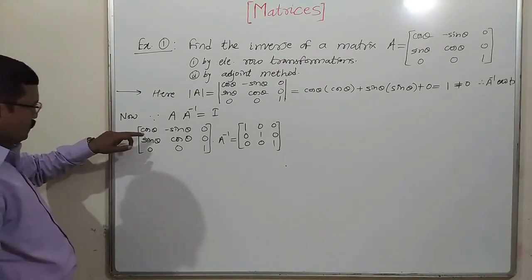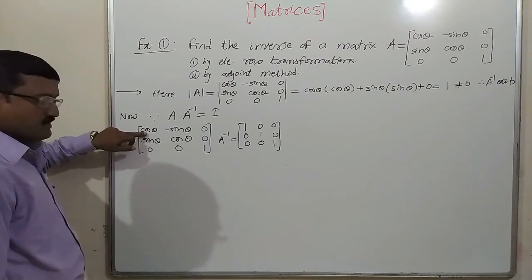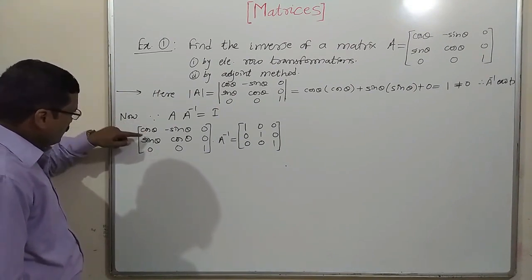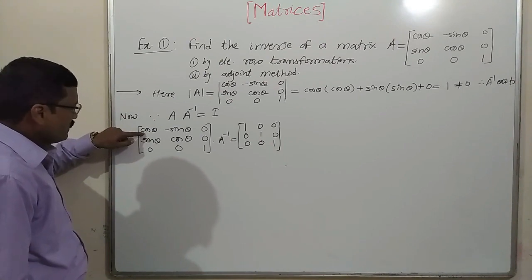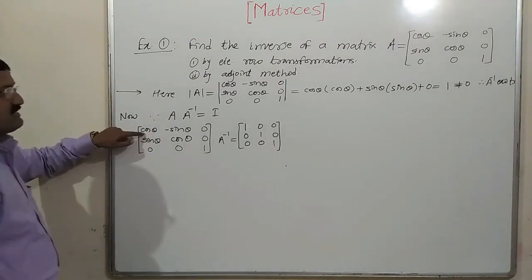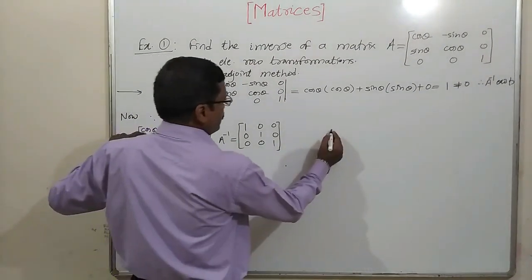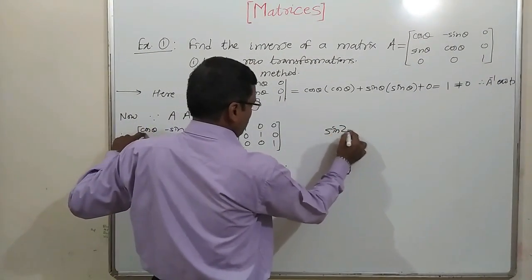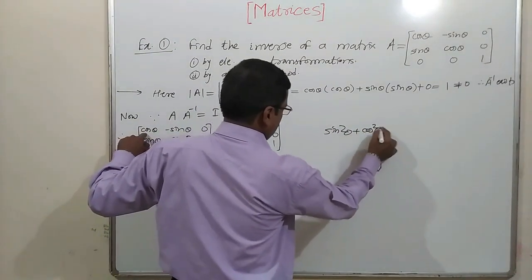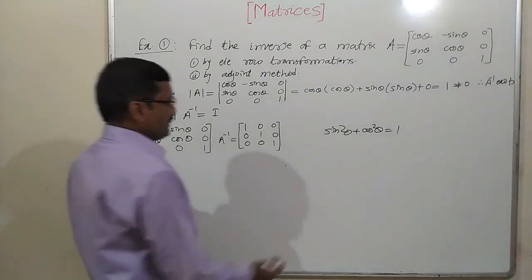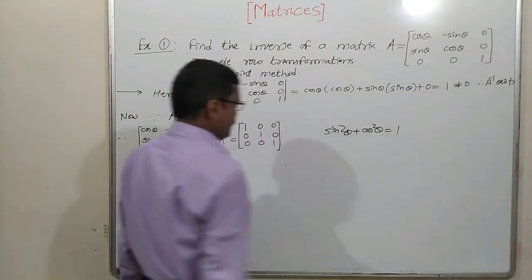In first step, we have to convert this cos theta into 1. For obtaining 1, here trigonometric functions are given and we know one identity, that sin square theta plus cos square theta is equal to 1.